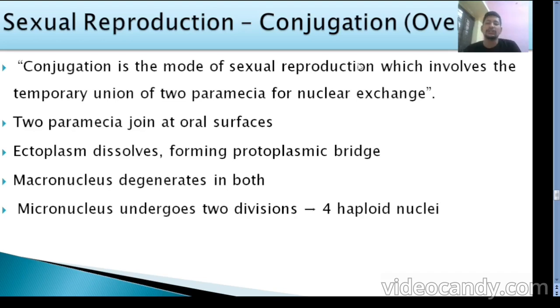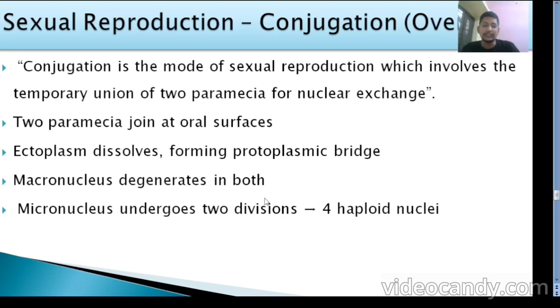And now the two paramecia join at their oral surface. The oral surface of one paramecium and the oral surface of another paramecium come in contact, and at the place of contact the ectoplasm gets dissolved. At the same time the macronucleus gets degenerated.